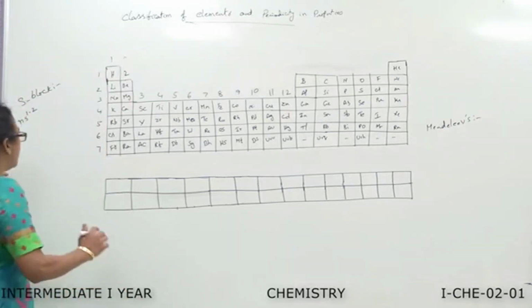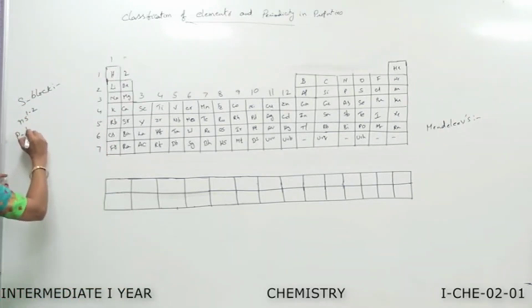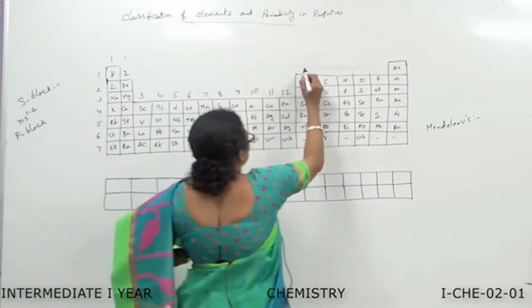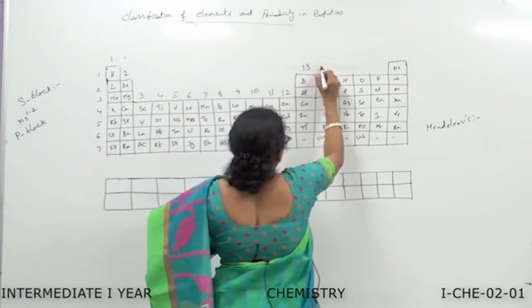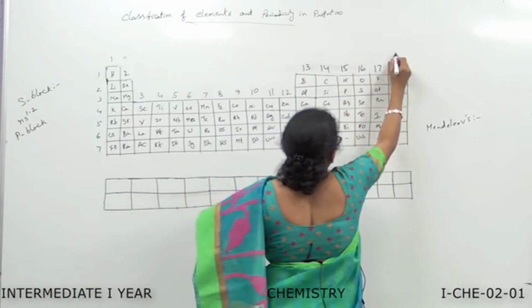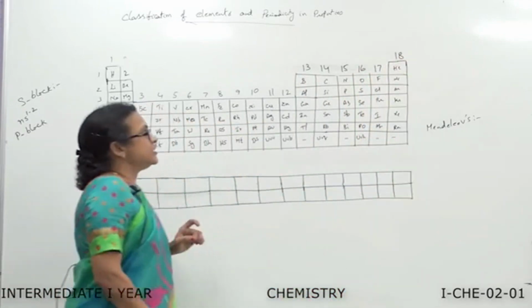Second one is p block. In this p block, the differentiating electron enters into the p orbital. Groups 13, 14, 15, 16, 17 and 18 come under this type.